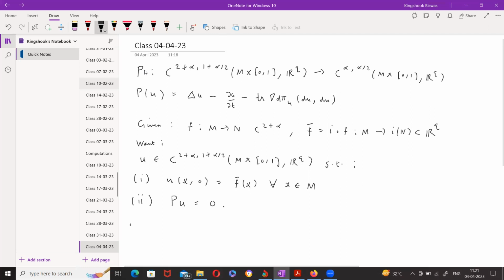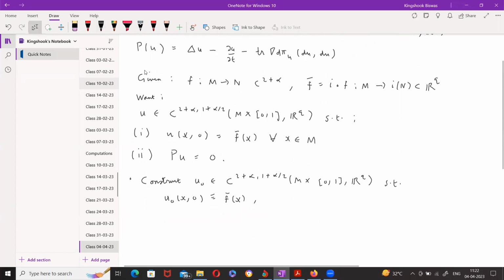And what we did is you first construct U naught in this space C2 plus alpha, 1 plus alpha by 2, on M cross [0, 1] into RQ, such that U naught of x comma 0 is f bar of x, and P of U naught, this is not identically 0, but this is 0 at time 0.